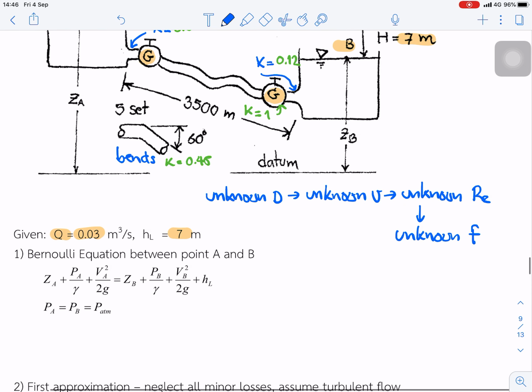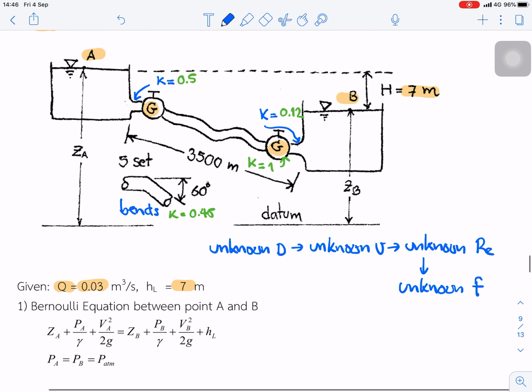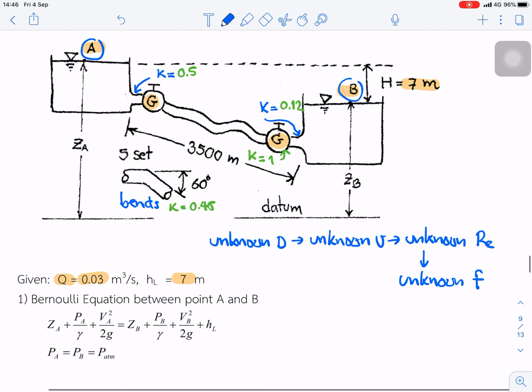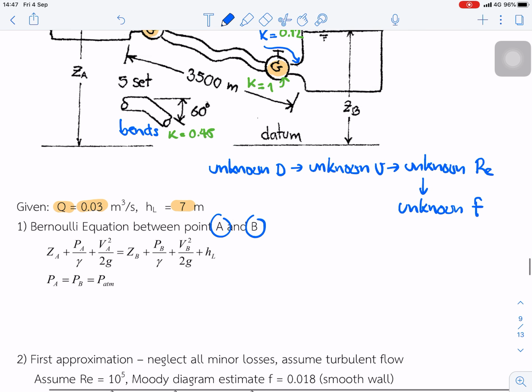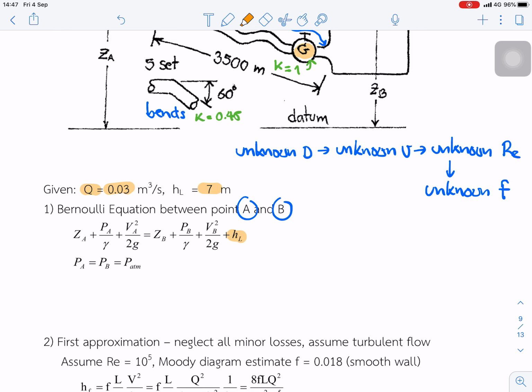So we can start from the energy equation from point A and point B. This is the energy equation. We have head loss on the right hand side. We will assume that the pressure is equal, PA, PB, equal to P atmosphere, and velocity at point A in the big reservoir can be close to 0, and B will be as well.